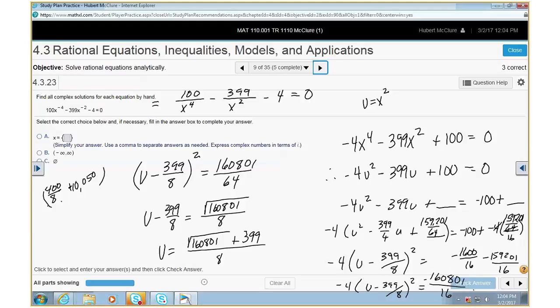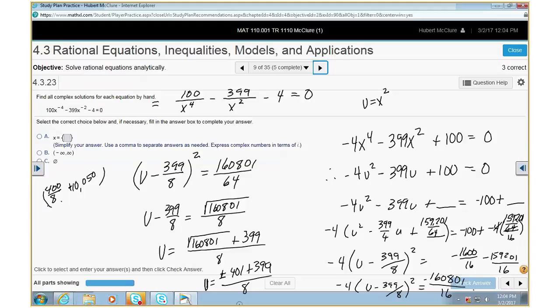Somebody take your calculators, because we've got two things. Tell me what the square root of 16801 is. Good. 401 plus 399 over 8. And that's going to be u.